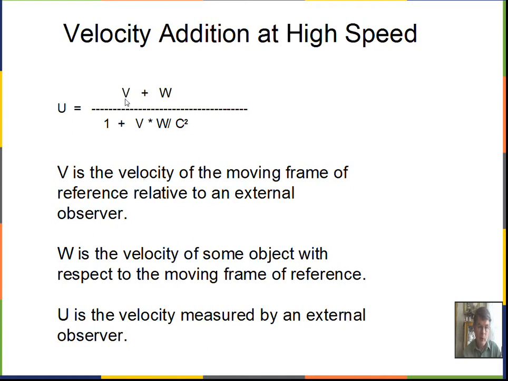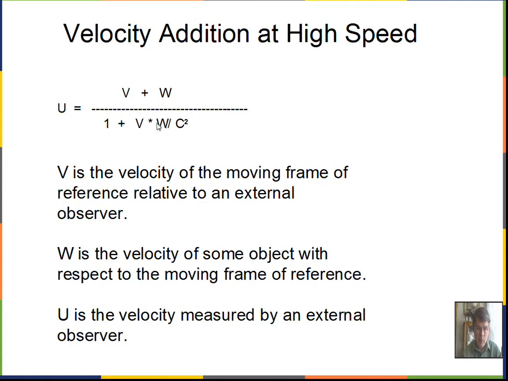We have v, the velocity of the moving frame that we might be watching, and w, an object in that frame of reference. So in the case of a rocket and a missile, here's the rocket speed, here's the missile speed with respect to the rocket. We add those up on the top just like we would in classical physics. The new part is this denominator. We take 1 plus the velocity of the frame times the velocity of the object in that frame.